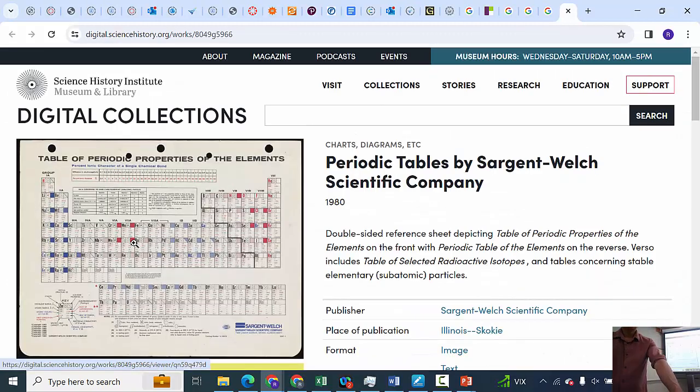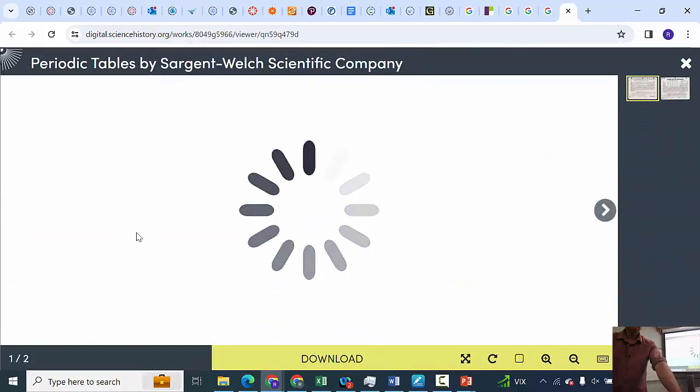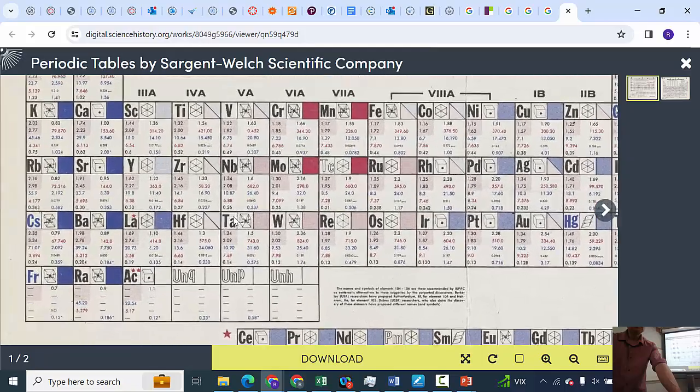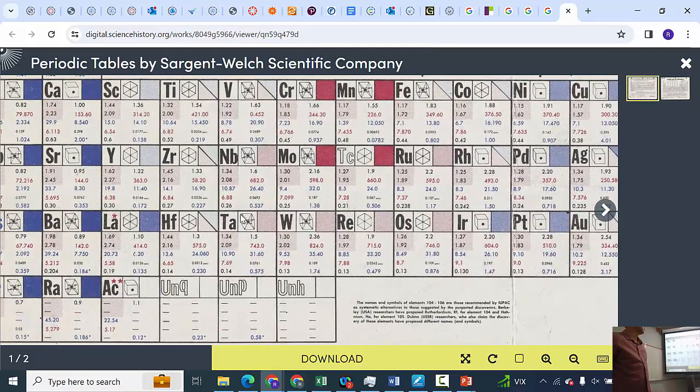This has 2 sides. This is one of my favorite periodic tables here. It gives a lot of data, and that's the reason I like it.